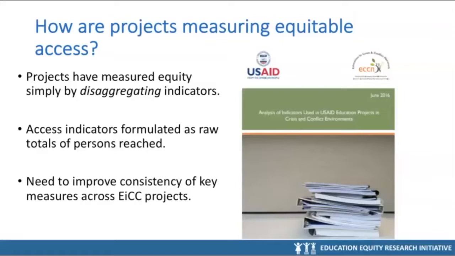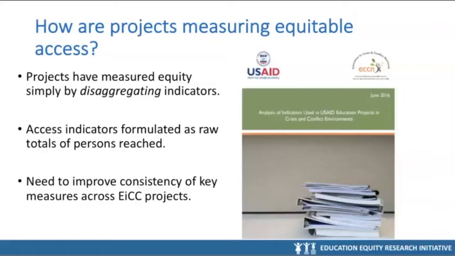And thus it was not surprising that study of the results frameworks in the PMPs revealed that often there were not clear equity promoting activities within these access projects, even if in the narrative there was some language around the importance of equity. Typically, there was only a tacit assumption that the overall access interventions may lead to increased equity. This review also showed that most access indicators were formulated just as raw totals of persons reached without a reference to the underlying population.